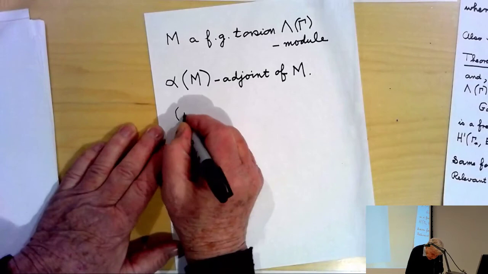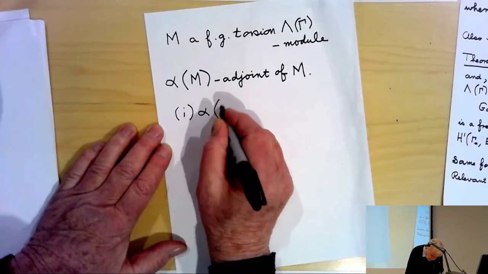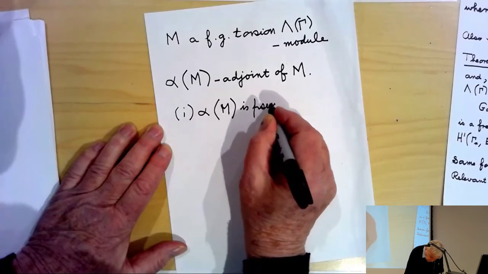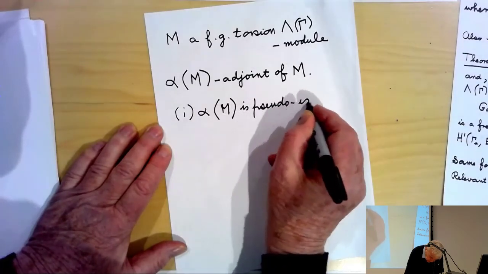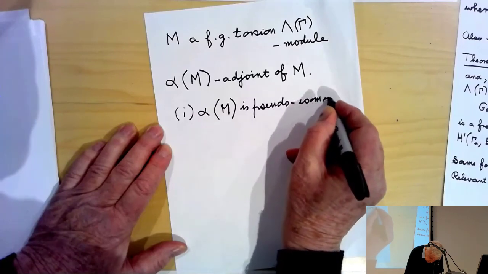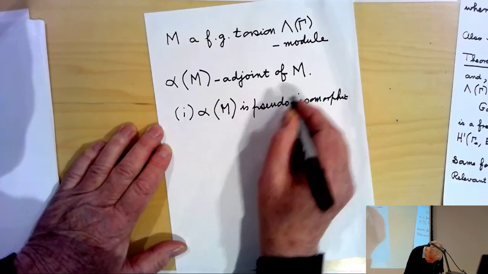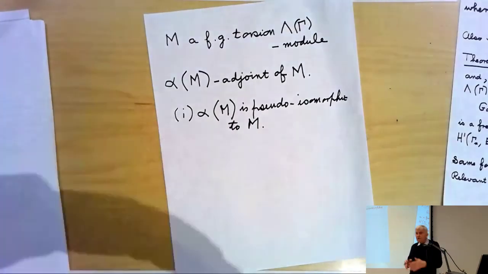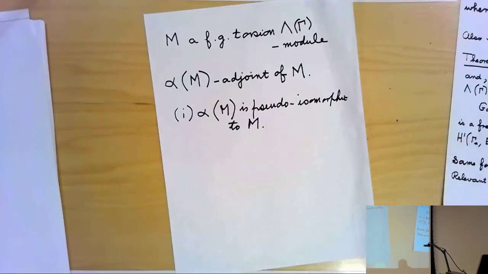Firstly, alpha of M is pseudo-isomorphic to M. It's almost the same as M, but alpha of M has no non-zero finite submodule. Somehow it's a canonical way of getting rid of the finite submodule in your Iwasawa module.